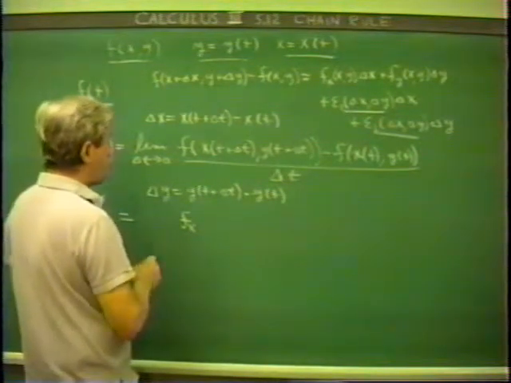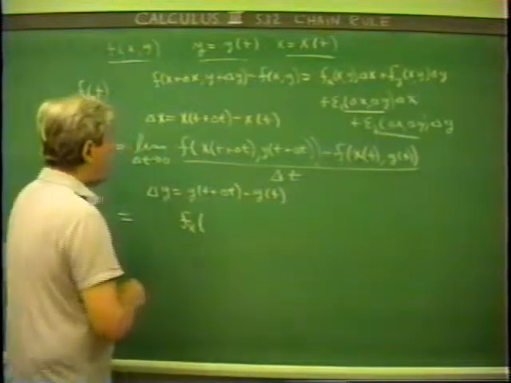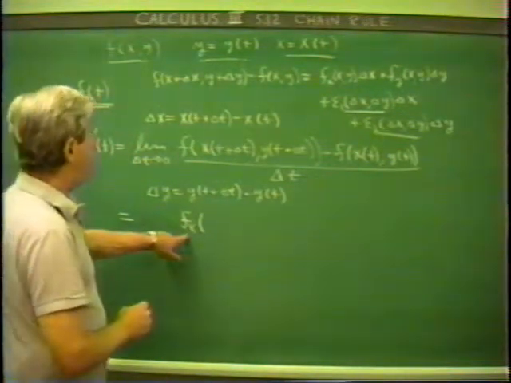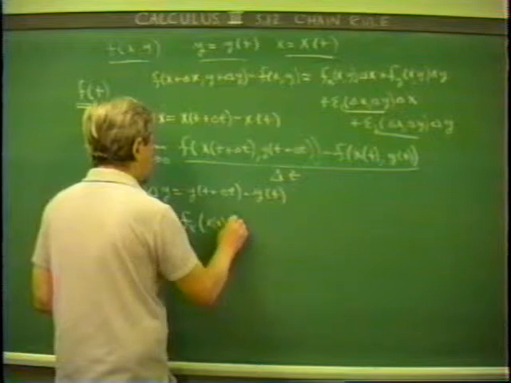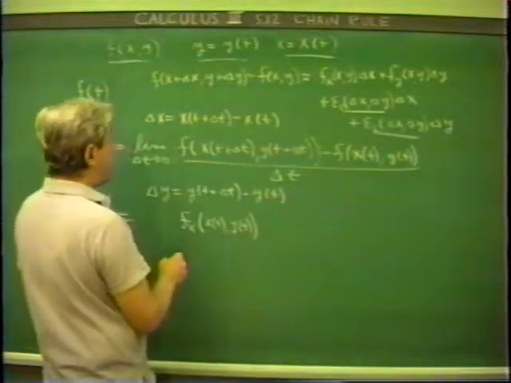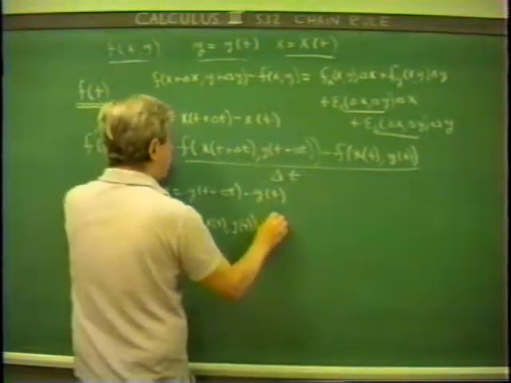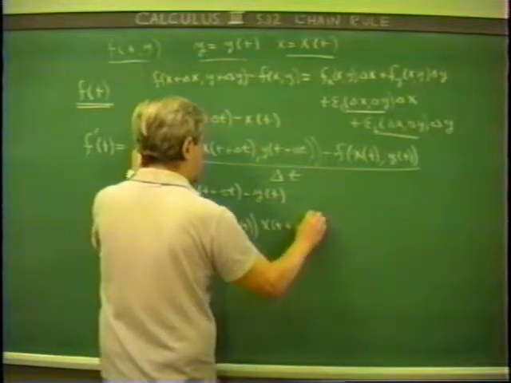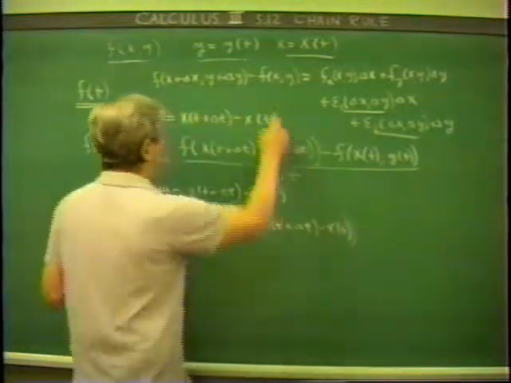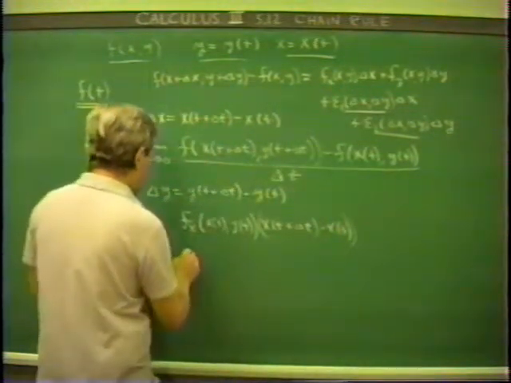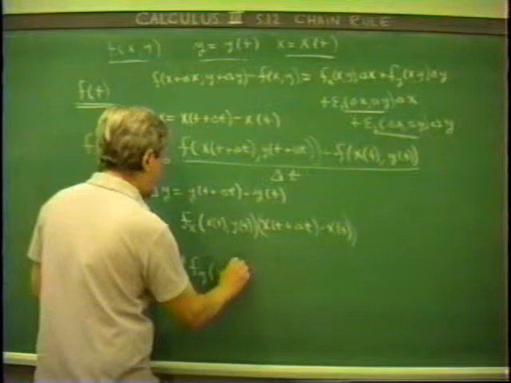Then this becomes equal to the partial with respect to x at x of t, y of t, times delta x, which is x of t plus delta t minus x of t. Right? That's this first part.